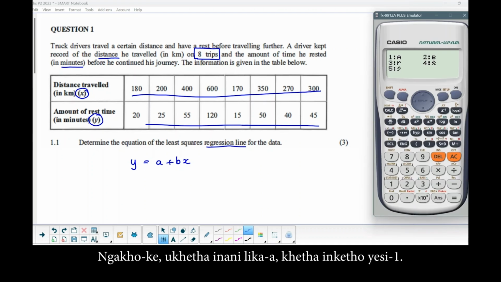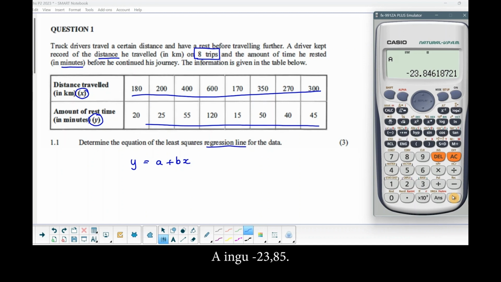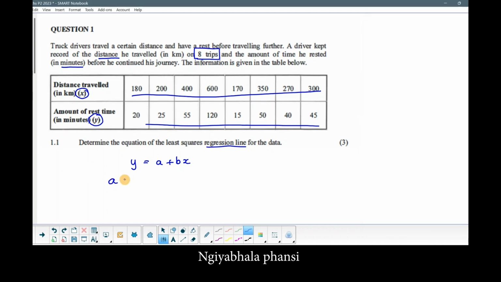All right, so to choose the value for A, I opt for 1. So A is negative 23,85. So let me write that down. And then let's work out my B value.